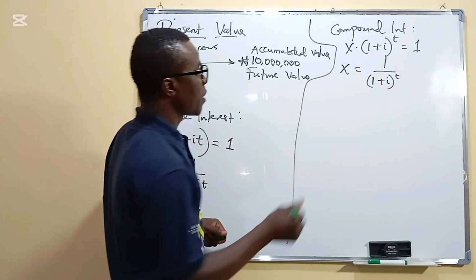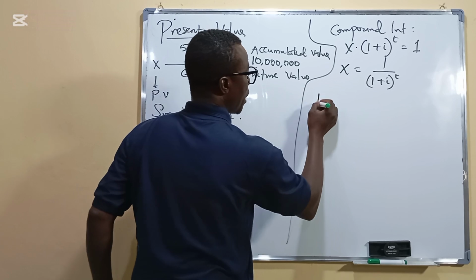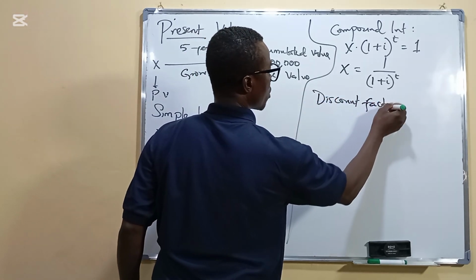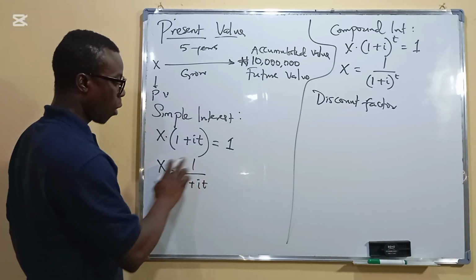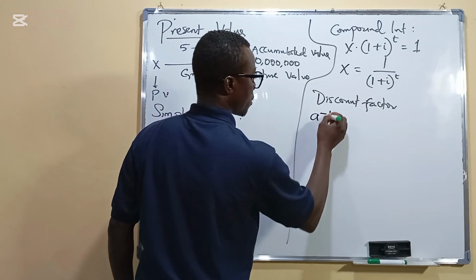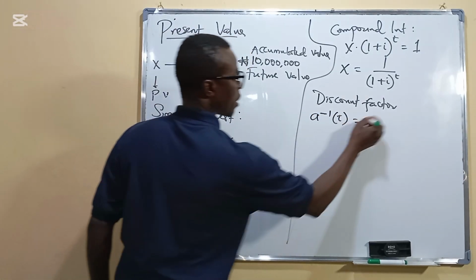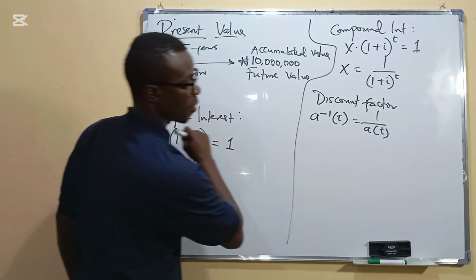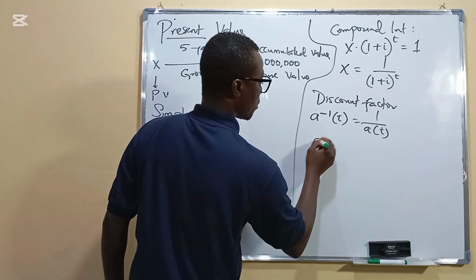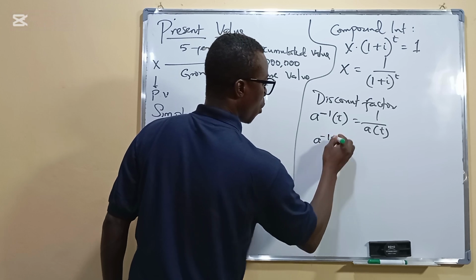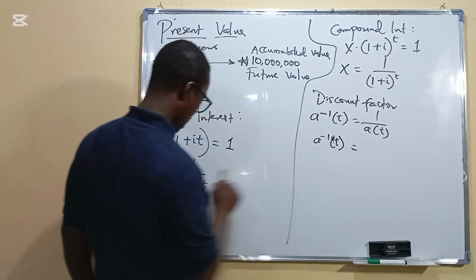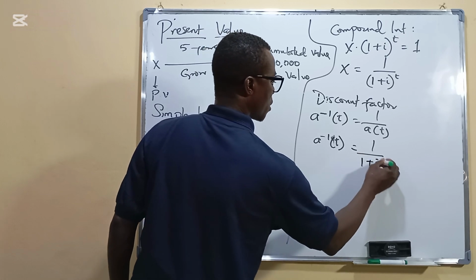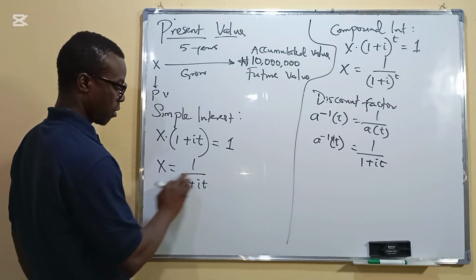Another thing that you need to know is the discount factor. Some textbooks make use of this, to say this is 1 over a of t. So it means that the discount factor for the simple interest is 1 over 1 plus i t.